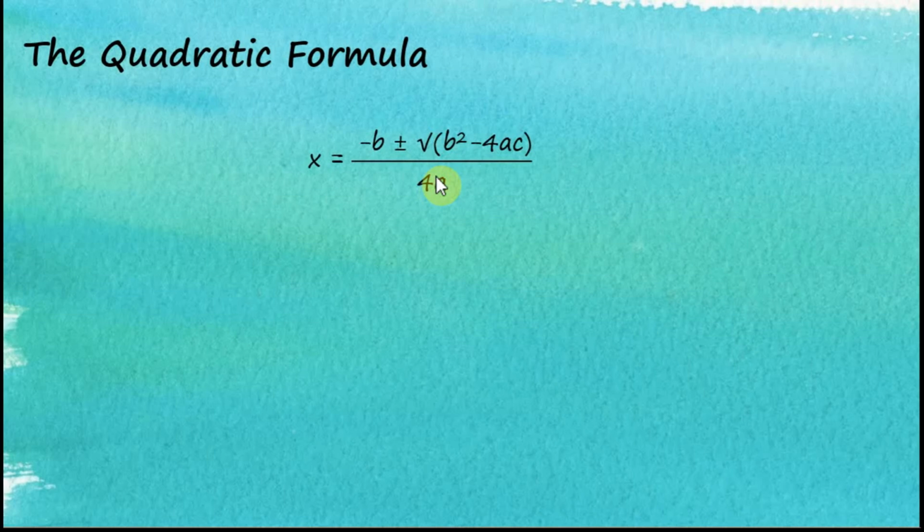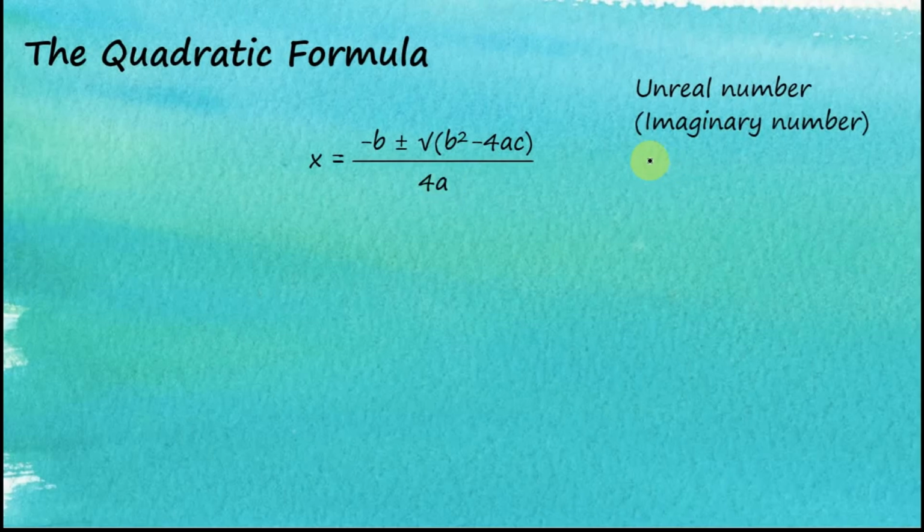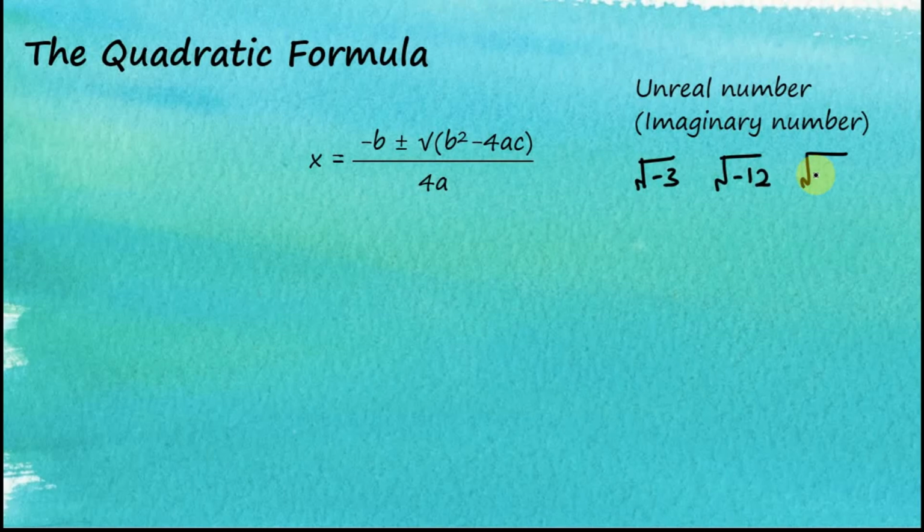Now, unreal numbers, or normally called imaginary numbers, are numbers with the square root of a negative number. For example, square root of negative 3 is an unreal or imaginary number. Square root of negative 12 is also an imaginary number, or square root of negative 200.